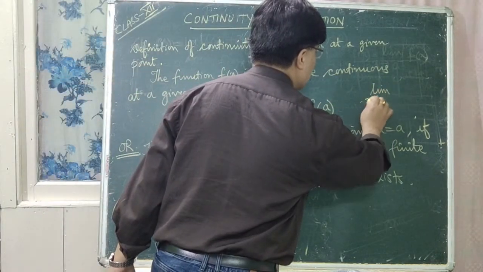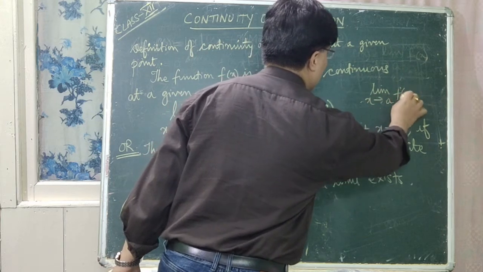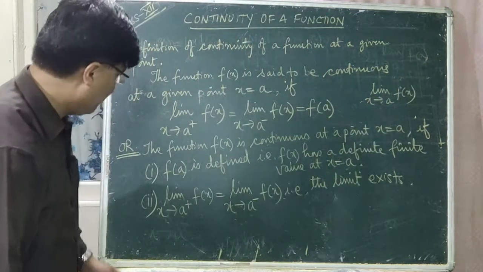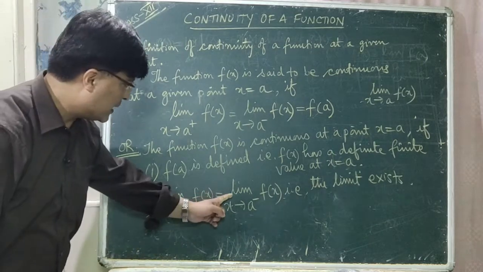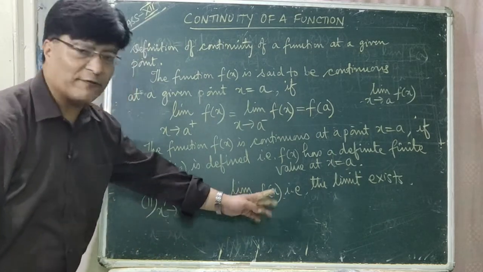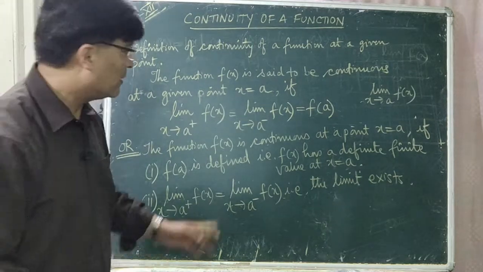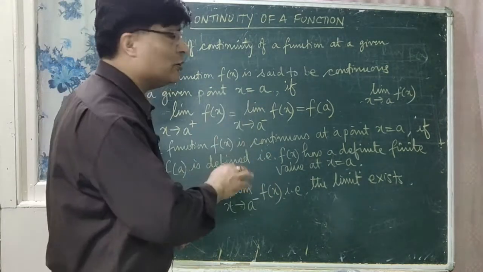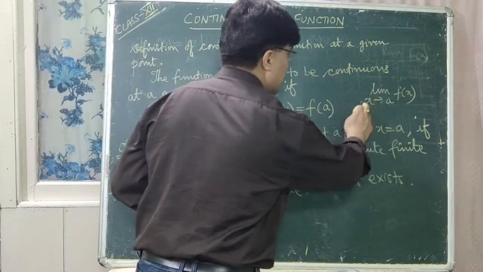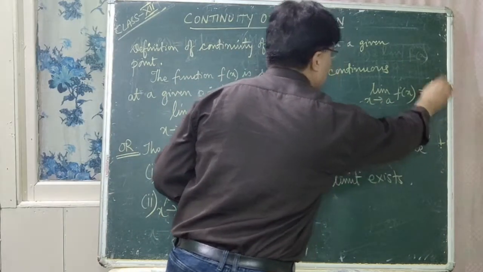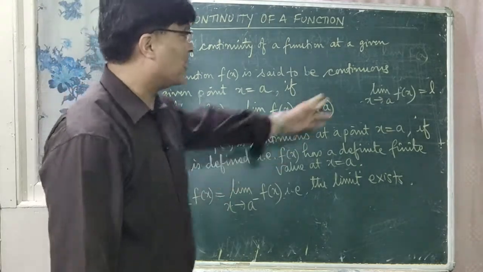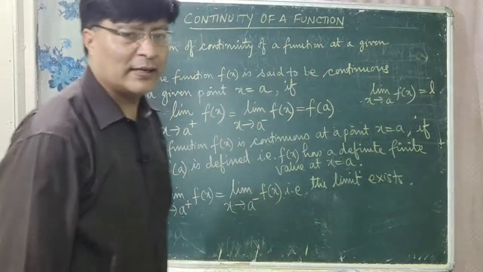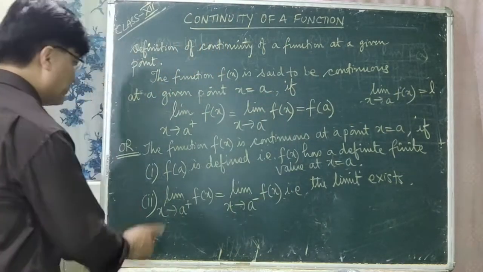If limit x tends to a plus f of x is equal to L, and limit x tends to a minus f of x is also L, then the limit exists, and you can write limit x tends to a f of x is equal to L. Is that clear?